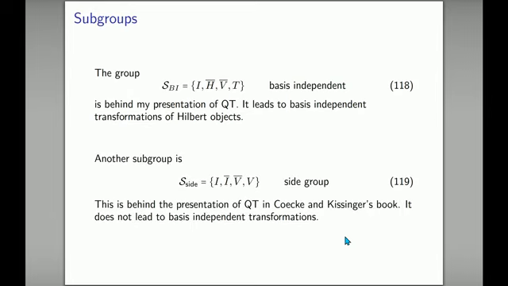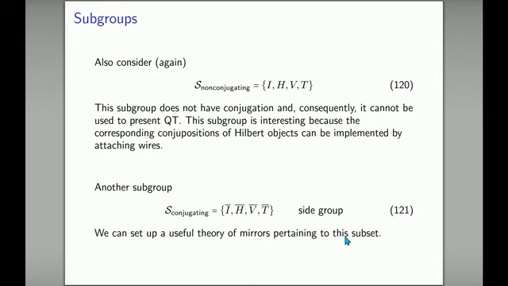Then there's another subgroup, the conjugating group, which consists of all the conjugating transformations. Which also is overkill for doing quantum theory, but it is an interesting group, and I'll use it to set up this theory of mirrors.